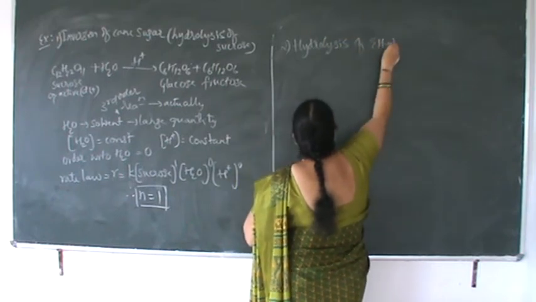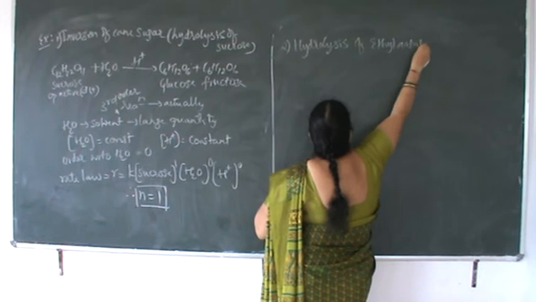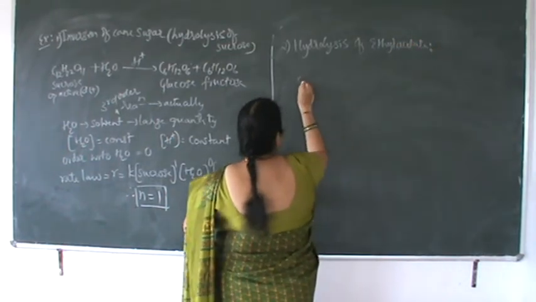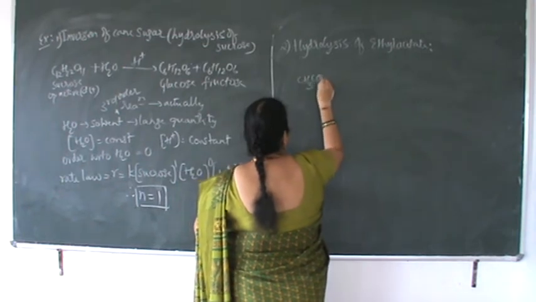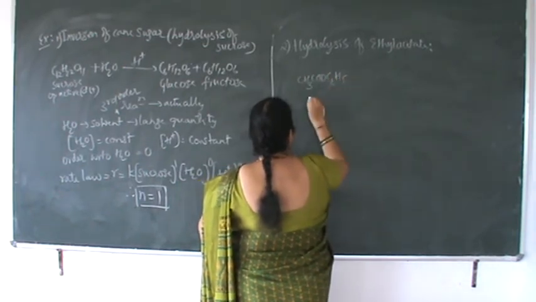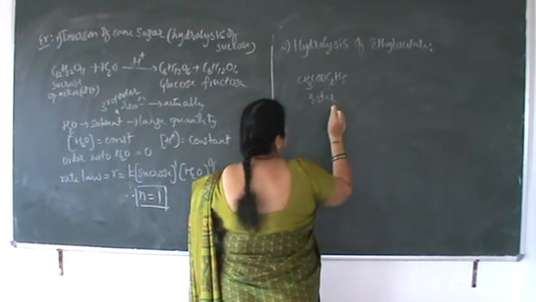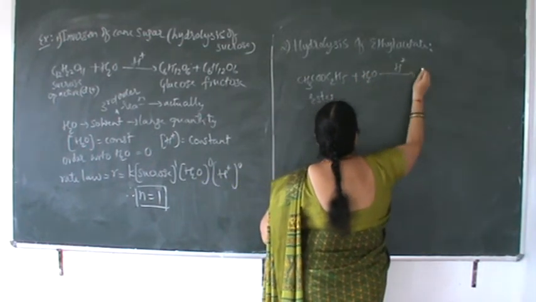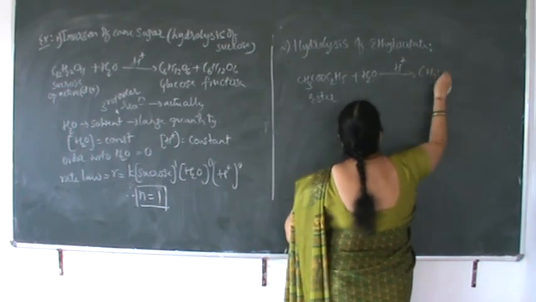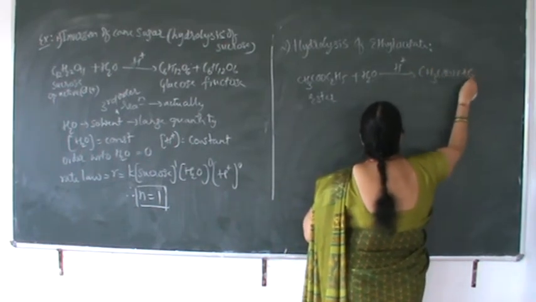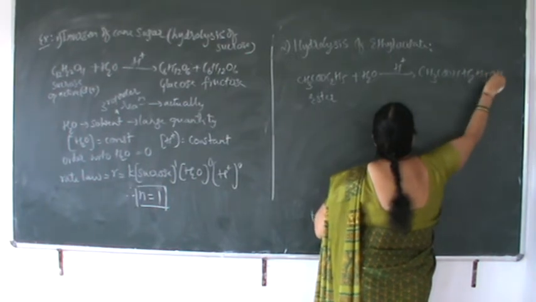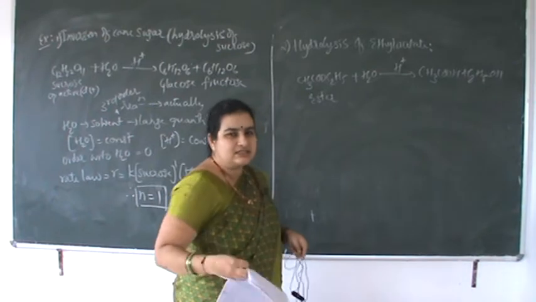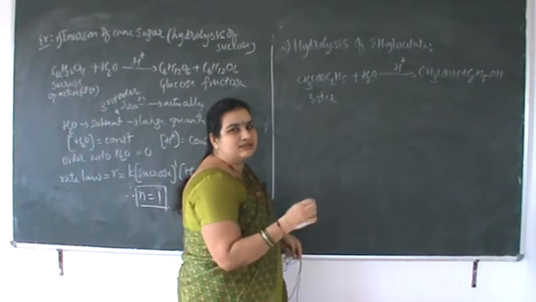Here CH3COOC2H5, this compound is called an ester, plus H2O in presence of H plus, giving rise to CH3COOH plus C2H5OH.